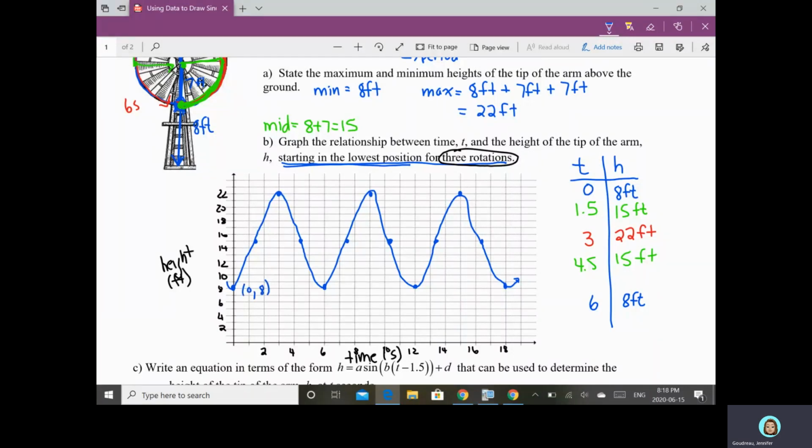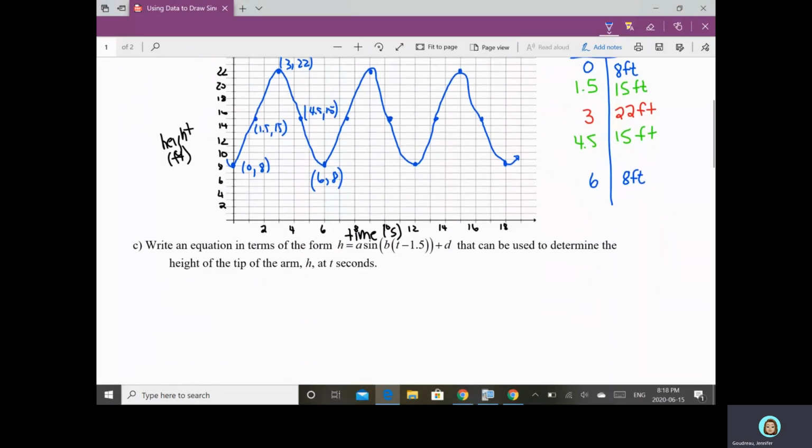We have 0, 8, 1.5, and 15. 3 and 22. 4.5 and 15. And there's 6 and 8. And we could keep labeling if we want. I'm just going to label the first rotation. So there's your points.